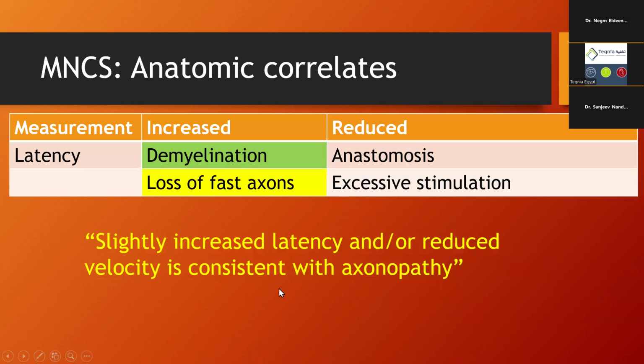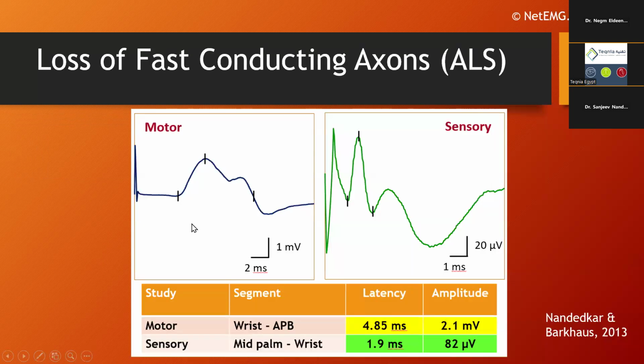So here is an example in a patient with ALS. You can see this is the motor nerve response, very low in amplitude. The distal latency is increased, 4.85. The sensory nerve conduction showed a normal response over here, 82 microvolts, normal latency.